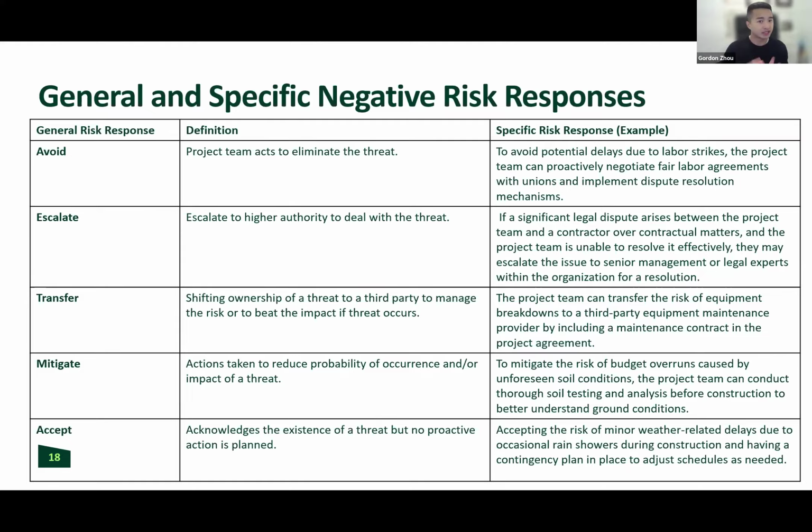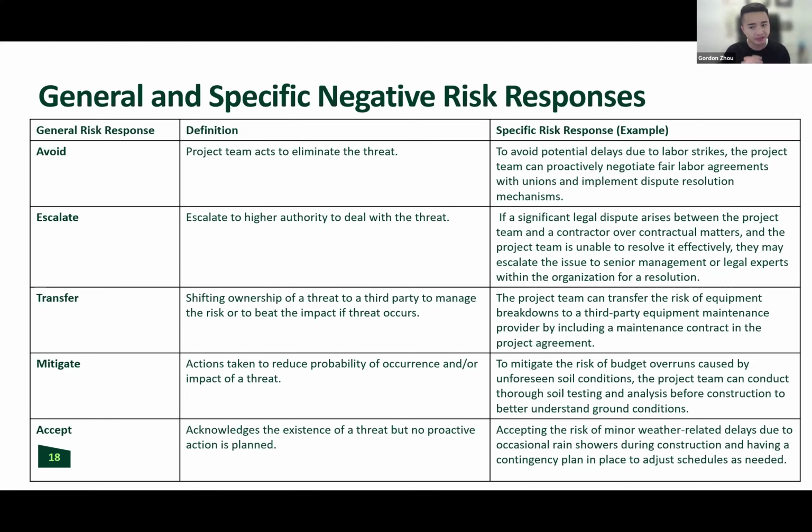Transfer. Let's go back to the example of the person falling off the roof. You're sending someone up there to inspect the roof. They could fall. That's the risk. You may say, for that risk, I'm not going to eliminate it. My first response is to transfer. Out of these 5, I'm going to use transfer.